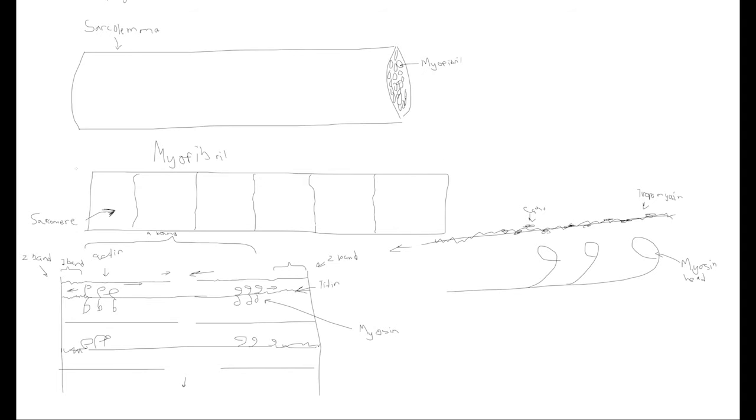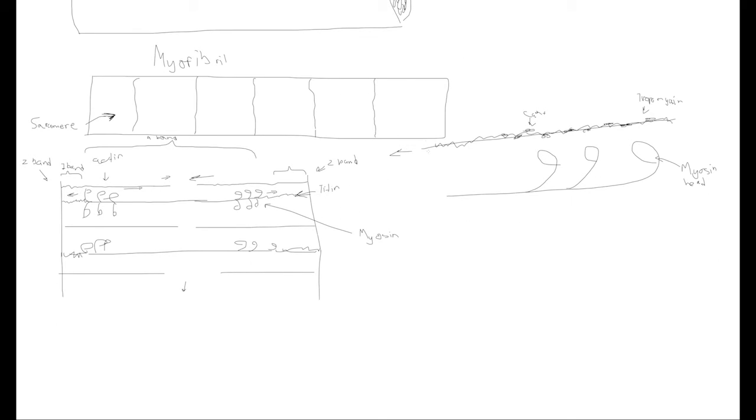So basically, these myofibrils contract when there is calcium. Okay. All right. So that is the structure of each sarcomere and how myofibrils are able to contract, and how muscles are able to contract, right?